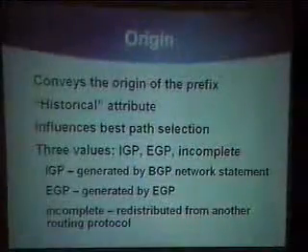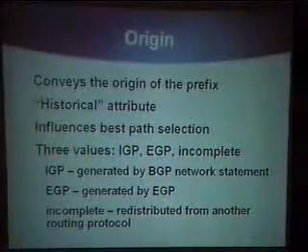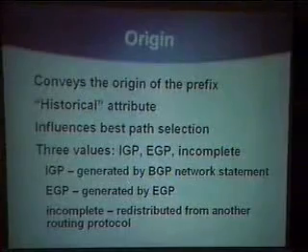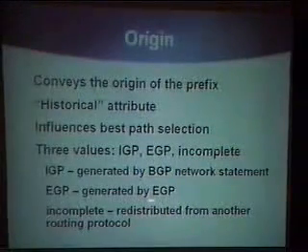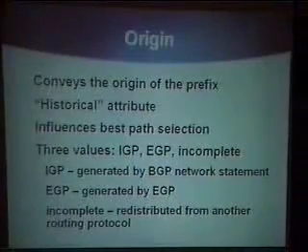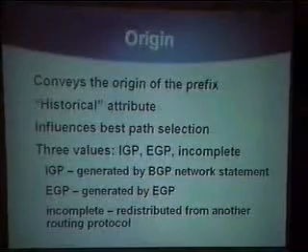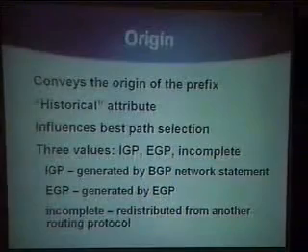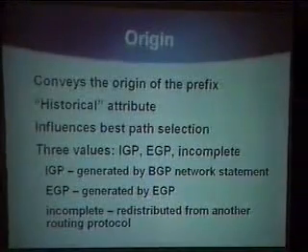Origin, this isn't used anymore. Well, I don't think it really should be used anymore. It conveys the origin of the prefix. As far as I can see, it's a completely historical attribute. It's used as part of the BGP best path selection process, where BGP works out the best path. The three values: IGP, where it's been generated from BGP itself; EGP, where it's been generated by the old EGP routing protocol from years and years ago; and incomplete, which means the prefix has come from some other routing protocol.